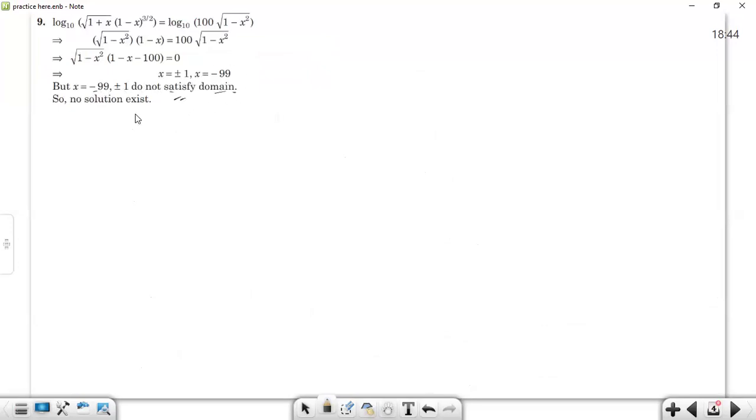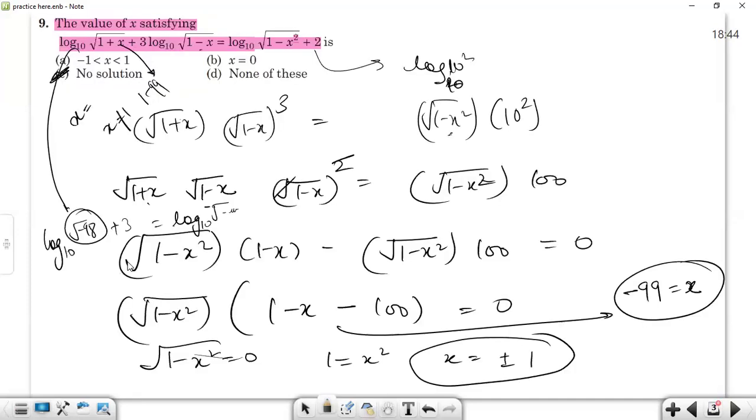Do not satisfy the domain. Yes, option C is given here because it's not satisfying our domain. For taking x equals minus 99, our logarithm function will not be defined. That's why. Understood, or should I explain more? Yes, understood, sir.